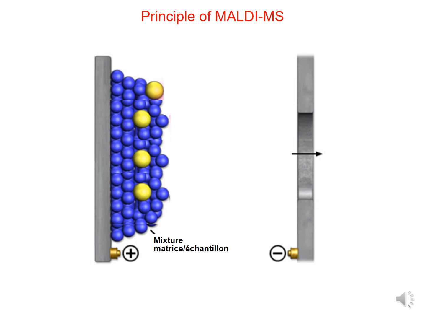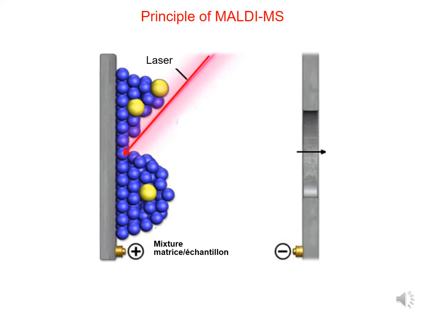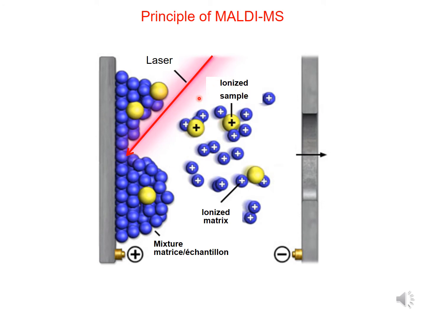After that, you apply the laser, and then you see here that you have, of course, a hole in your sample. And because you have a matrix that absorbs the wavelength of the laser, you obtain the ionization, the ionized matrix.